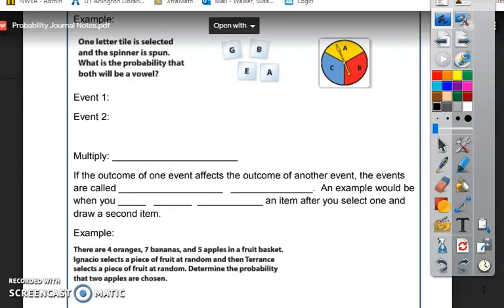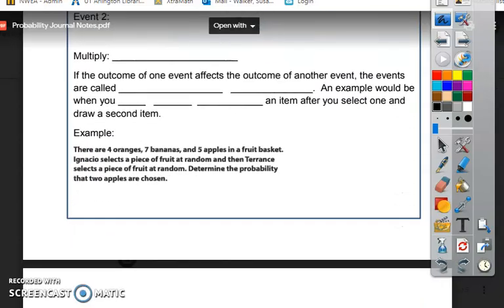Now, here is where we get a little more tricky. If the outcome of one event affects the outcome of another event, the events are called dependent events. It does affect.